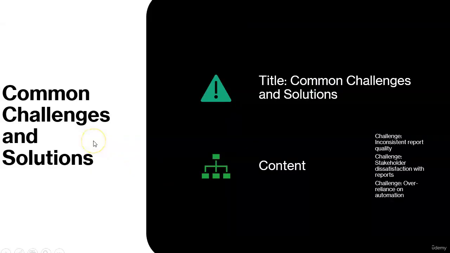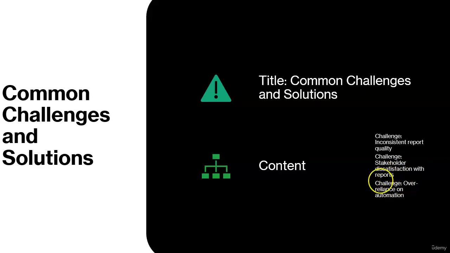Common challenges and solutions. Like any tool, using ChatGPT for reporting comes with its challenges. For example, you might encounter inconsistent report quality if your prompts are not specific enough. To solve this, refine your prompts and data inputs regularly.